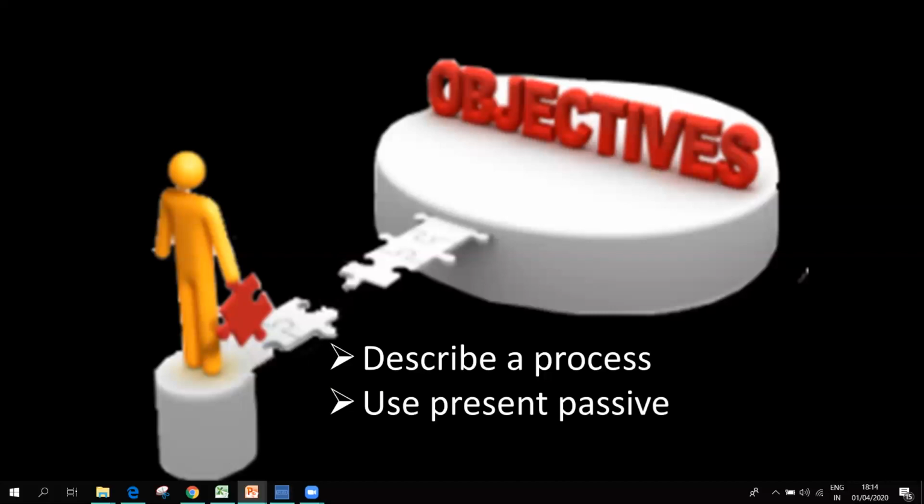You've already learned present passive in my previous video. So we are going to review present passive today, and we are going to practice using present passive in sentences first, before we proceed to the writing process.